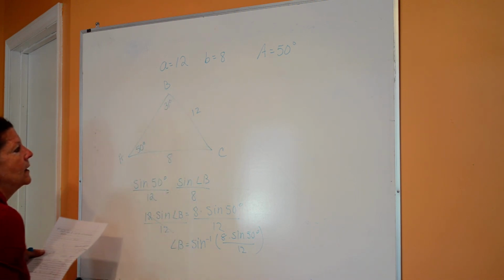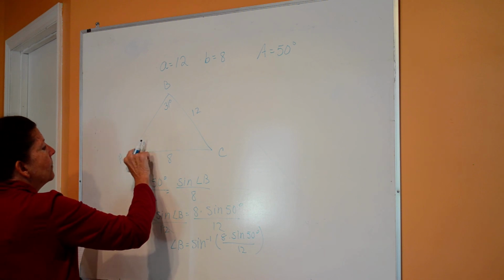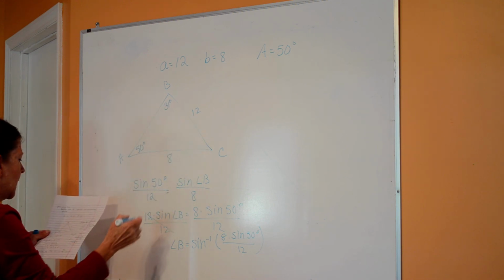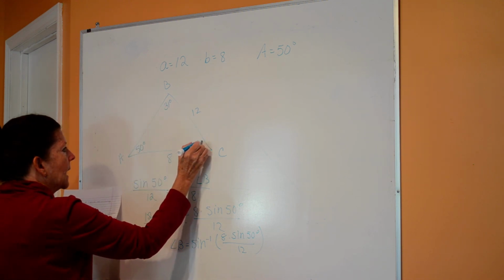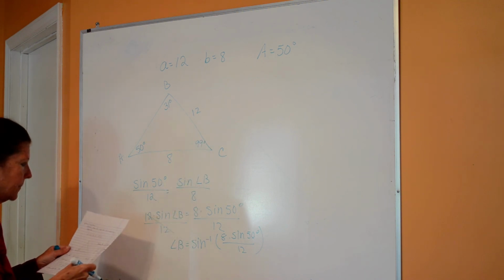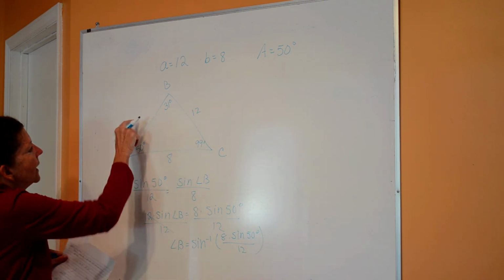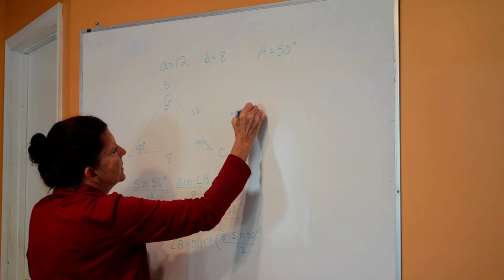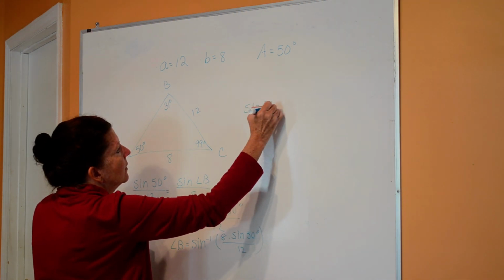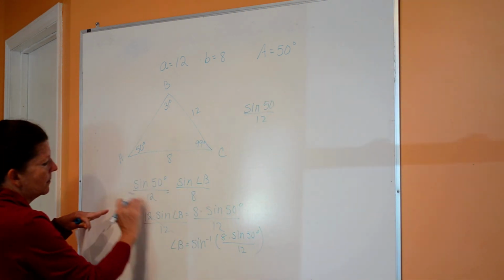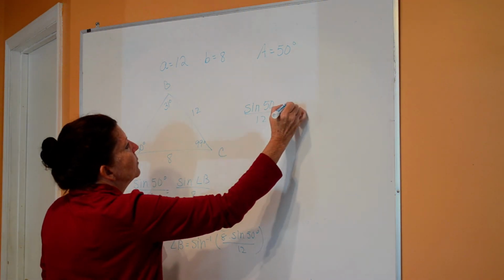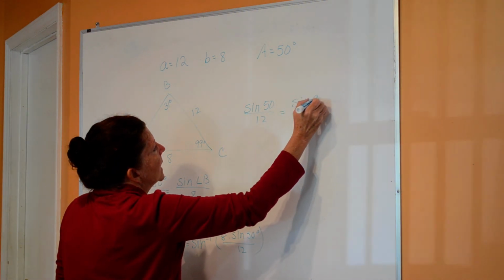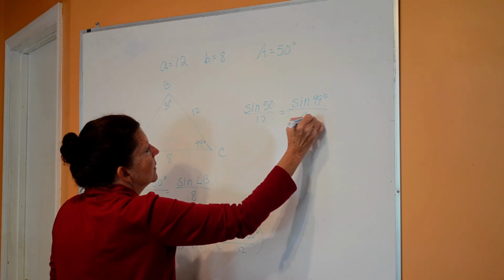Now I can find the angle C by going 180 minus 50 minus 31. Angle C is going to give me 99 right there. All right, I've got one side left, which is this one, so I'm going to set it up. The sine of 50 over 12, same way I've been setting up all of them, is equal to the sine of 99 degrees over little c.